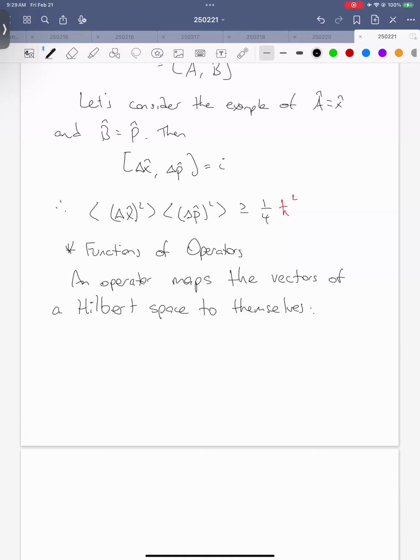So some operator is a map from the vector space to itself. And so in general, for some vector v in the Hilbert space, the operator acting on v is equal to some other v prime, where v prime is also an element of this vector space.